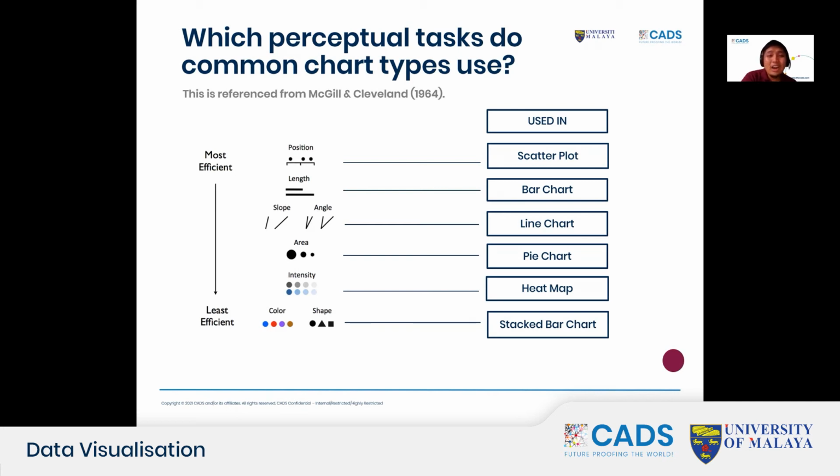So it doesn't matter what McGill and Cleveland have found. If you have found otherwise for your audience and your data, I suggest you follow the right design for it, instead of depending on these tips. But in most cases, yeah, these tips are actually the best way to present your data.